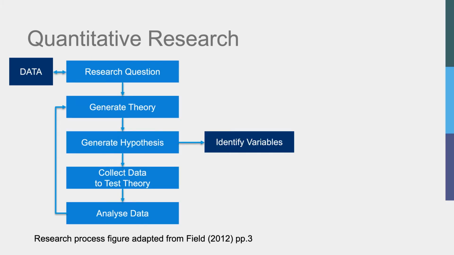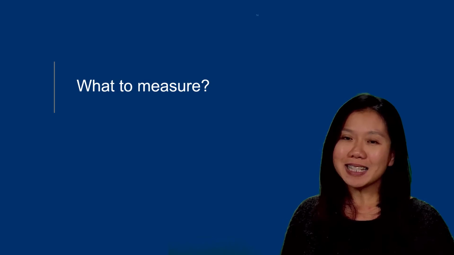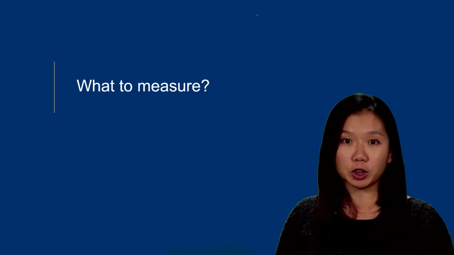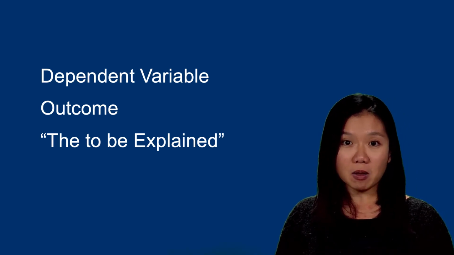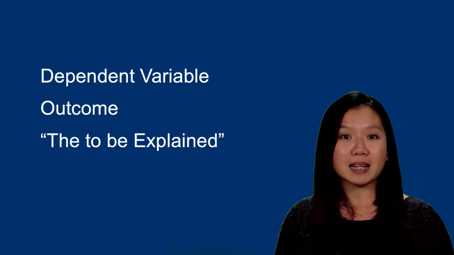Before collecting data to test a hypothesis, we need to know what we want to measure. The what is known as the variables. Let's start with knowing what to measure. There are two types of variables. The first type is the dependent variable, also known as the outcome. The variable can be seen as the effect that is being explained.